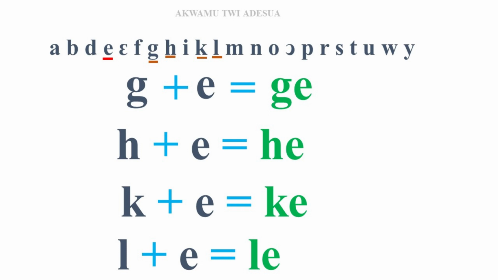H plus ɛ will give us hɛ. Here we have the k and the ɛ, which will give us kɛ. L and ɛ will also give us lɛ.